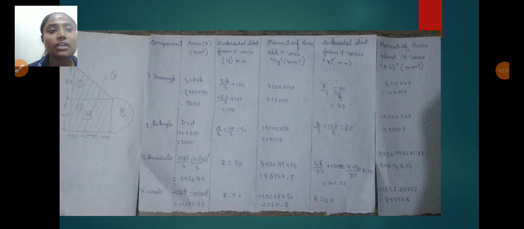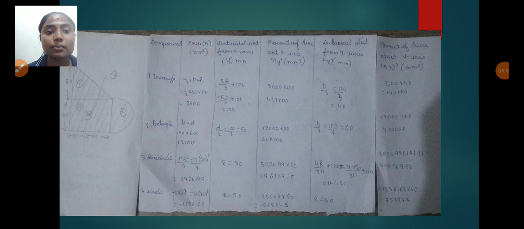When we multiply a into x, which is 3,926.99 into 141.22, we get 5,54,569.52.